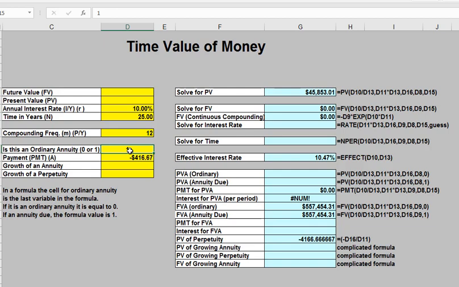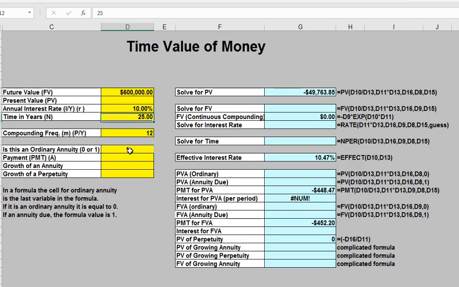We might also say, well, let's say that I need, let me change this number, let's say we need $600,000 in the future. The question that I have right now is, how much do I have to invest each month to get $600,000?